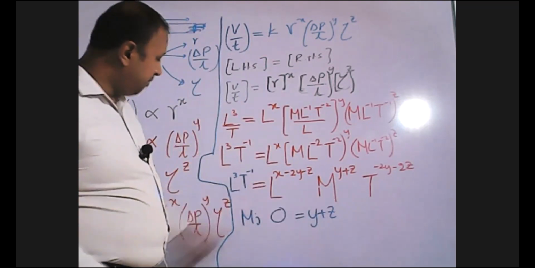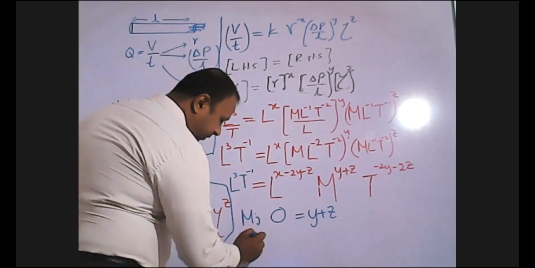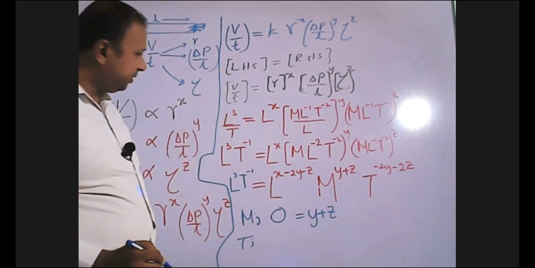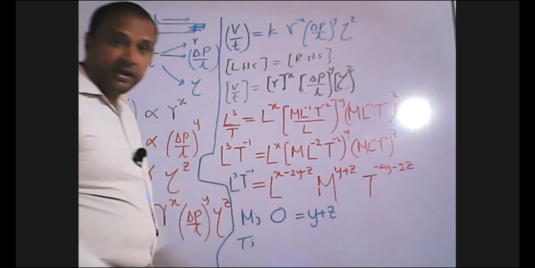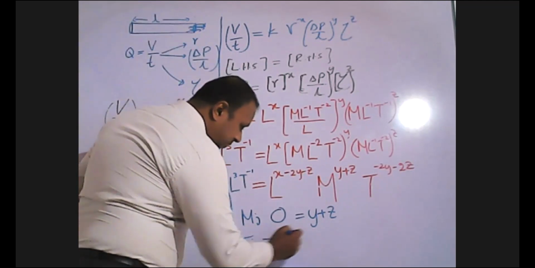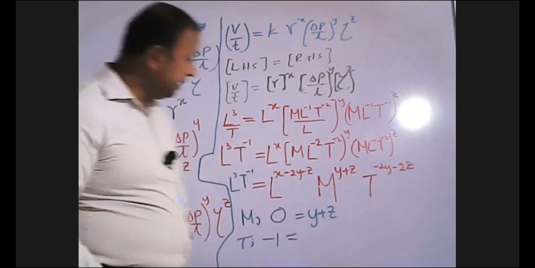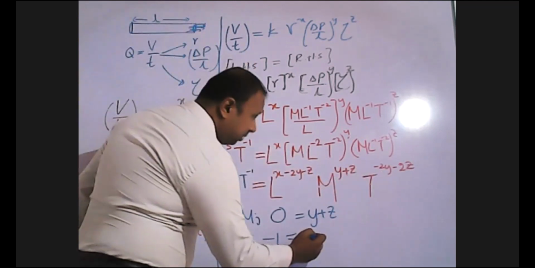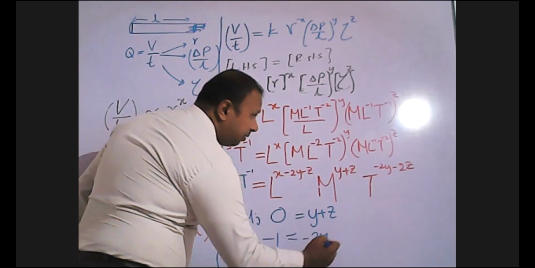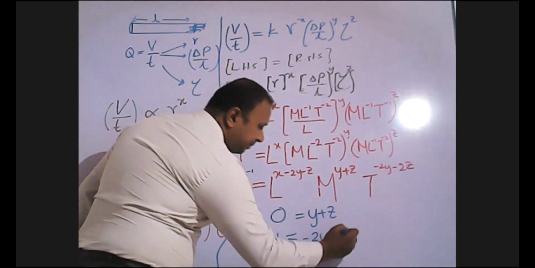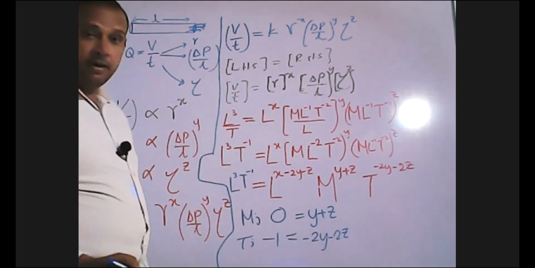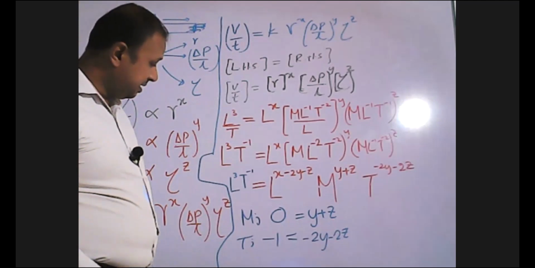Then the power of T. In LHS, the power of T is minus 1. In the RHS, the power of T is minus 2Y minus 2Z.